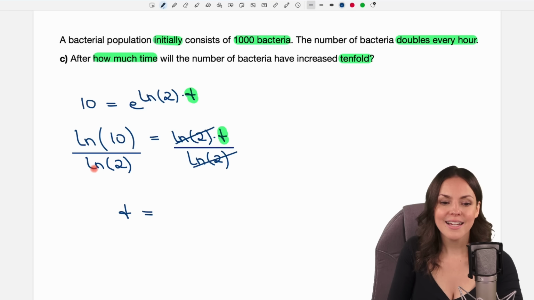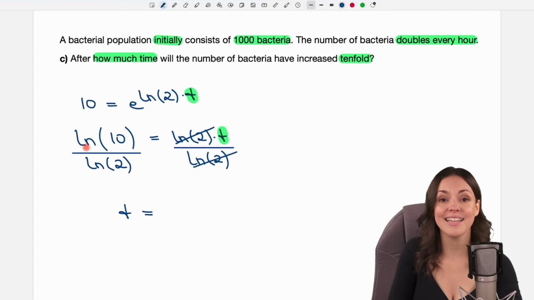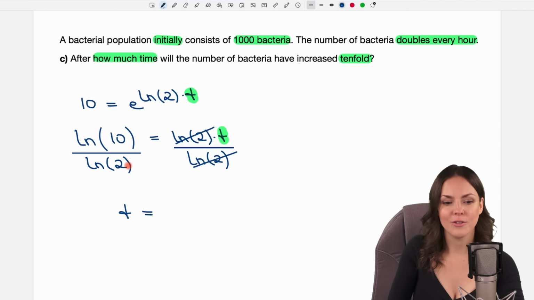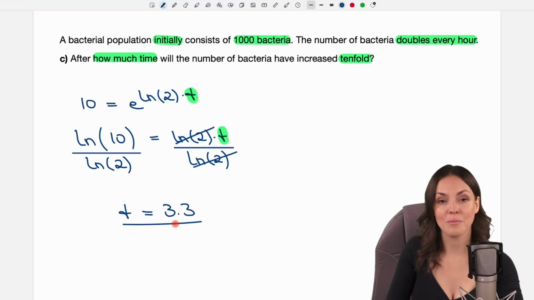And on the other side, be careful, you're not allowed to reduce things here somehow. This is really ln of 10 over ln of 2, and this is how you put it in your calculator. And if you do that, you get a result of 3.3. This was the time in hours. So after 3.3 hours, we have 10,000 bacteria in our population.